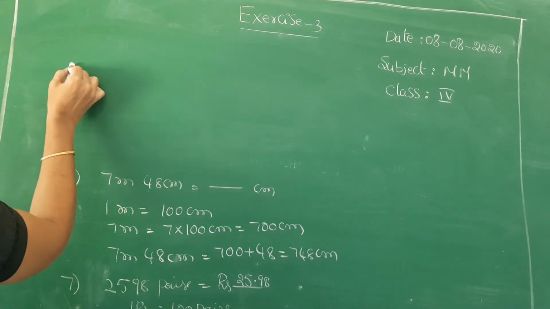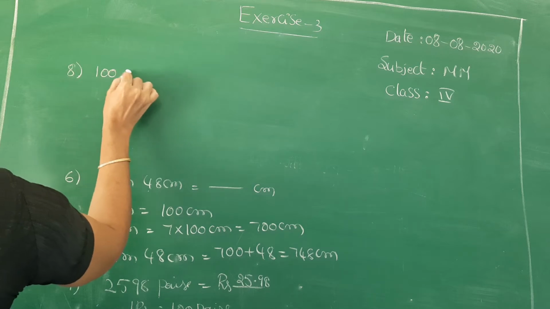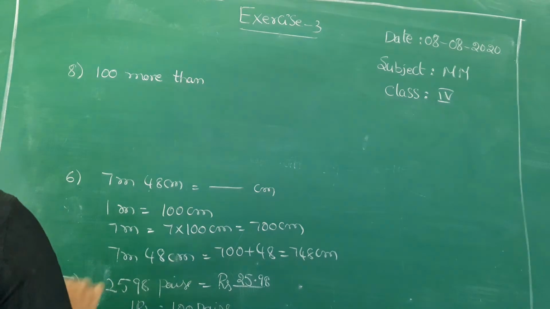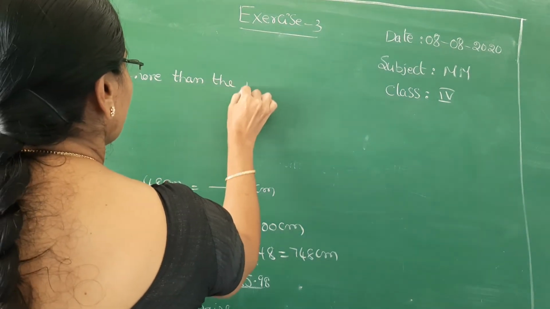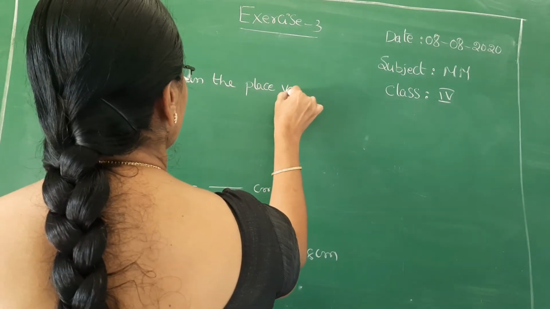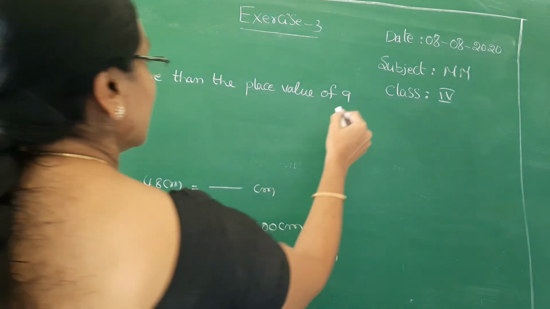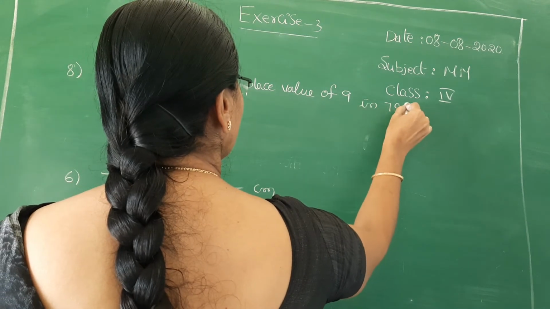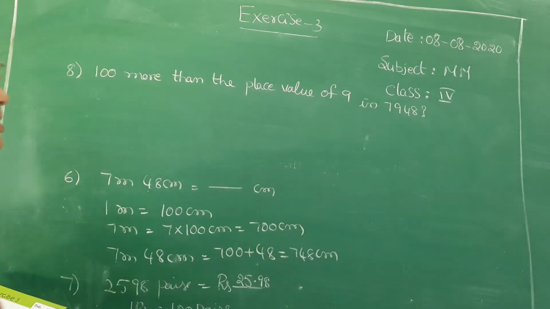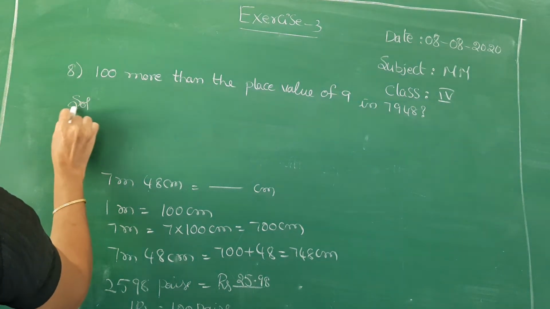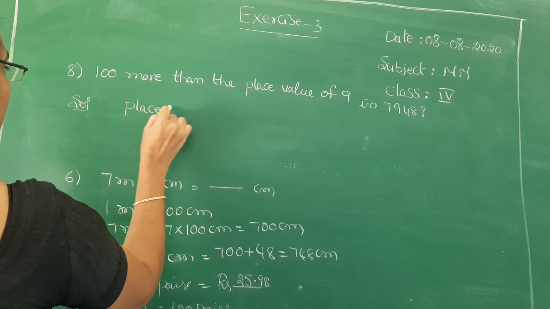Okay. See the eighth problem. 100 more than the place value of 9 in 7948. First of all you have to write down the place value of 9.